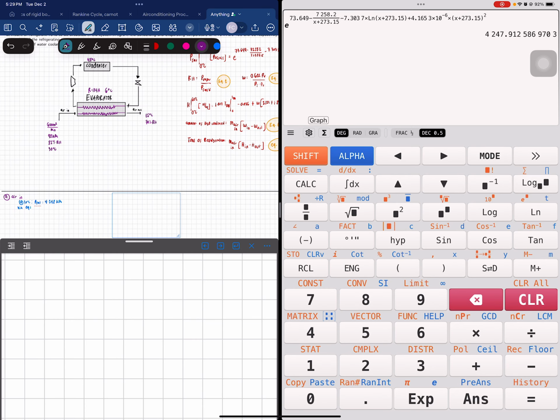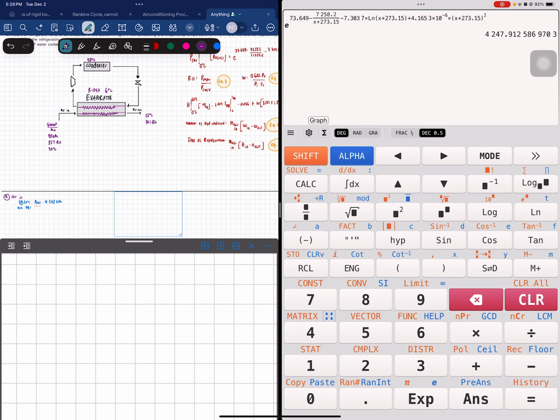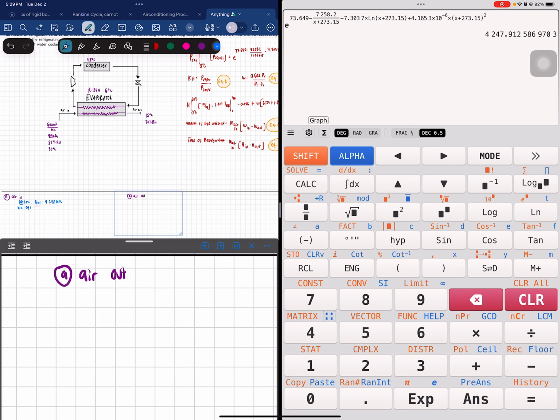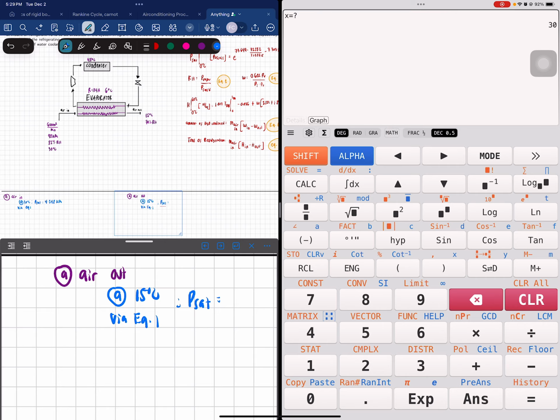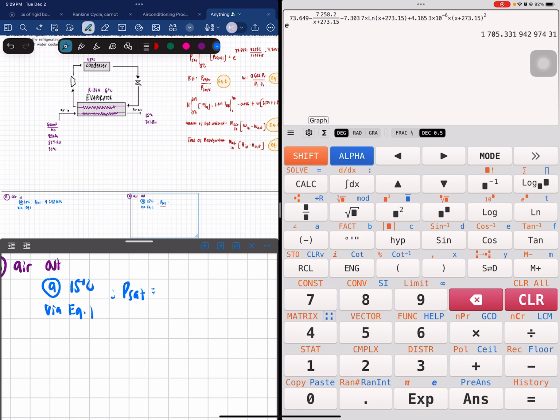How about air going out? So at 15 degrees Celsius via equation 1, P sat at 15 degrees equals 1.7053 kilopascals. Okay.